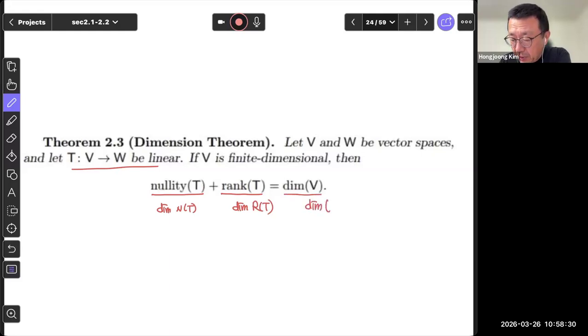That is the domain of the mapping, not codomain. So the nullity plus the dimension of the range will give you the dimension of the domain, not codomain.